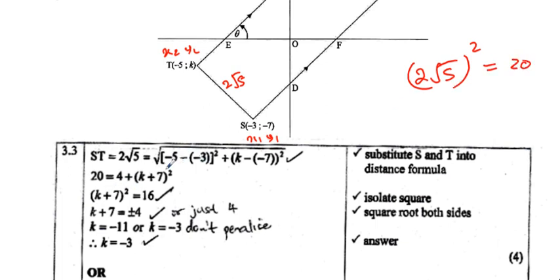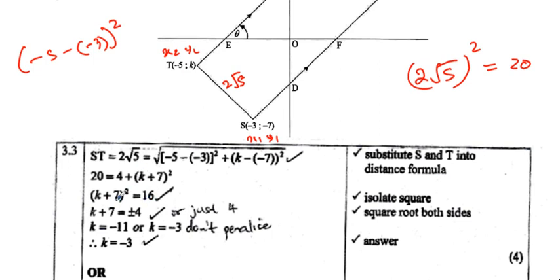When you square the side, simplify carefully because you make a lot of mistakes here too. Use your calculator. Don't trust your mental calculation. Use your calculator to get 4, and then you got k plus 7 all squared. Spend some time here because you tend to make a mistake. Then isolating the square root.